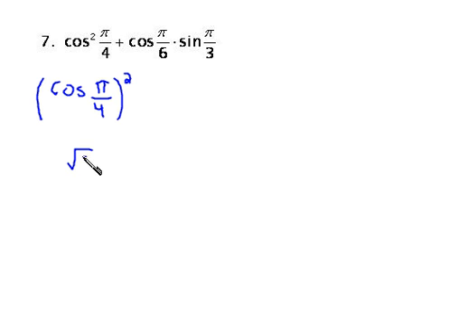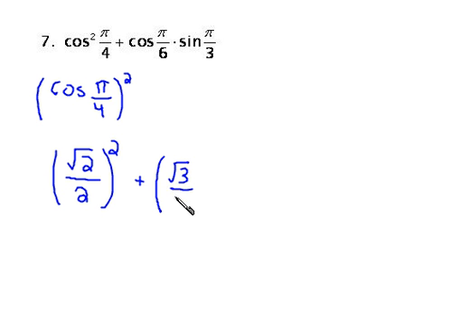It's a 45-degree reference angle, and the cosine of that is root 2 over 2, all squared. The cosine of pi over 6, cosine of 30 degrees, is square root 3 over 2. And then the sine of pi over 3, the sine of 60 degrees, is also root 3 over 2. So those numbers keep coming back at us. And then work it out.